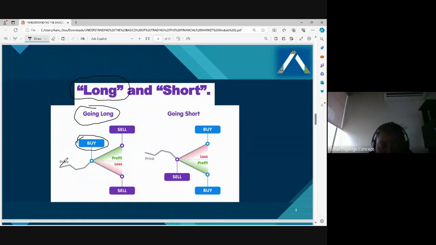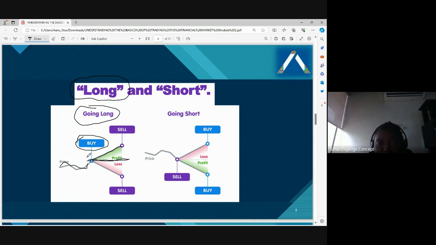Now, this is the current price, and this is the movement. Let's assume you are buying at this circle here. If you are buying, it means you feel that from this point, there's a possibility price is going to go up, it's going to appreciate.